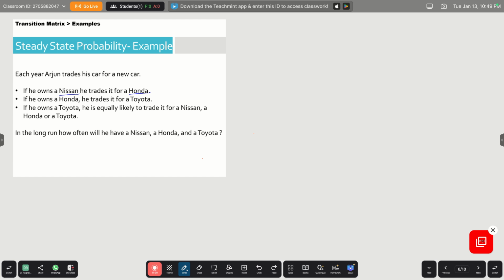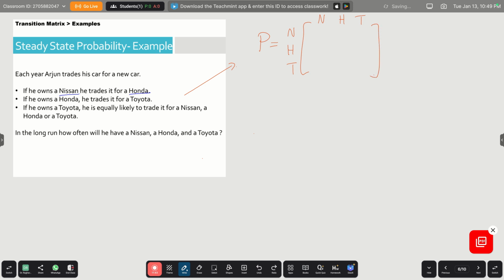I have given the link in the description box. For this example, let me write the transition matrix P. I have three states: he can have a Nissan, a Honda or a Toyota. So it's a 3 cross 3 matrix.